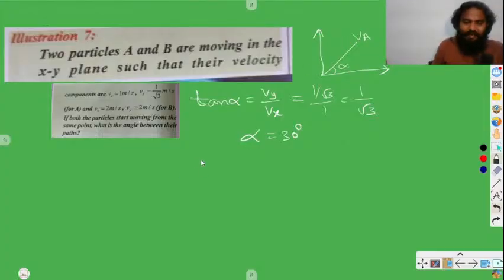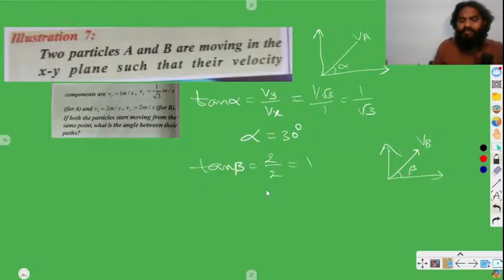At the same time, if you take tan beta, what is beta? The velocity of particle B, in the same way with y axis and x axis, is making angle beta. Now tan beta equals Vy by Vx, that is 2 by 2, which equals 1, so beta is 45 degrees.